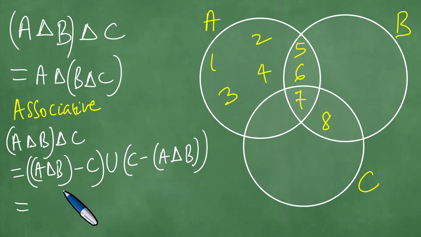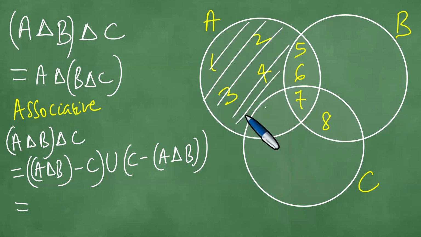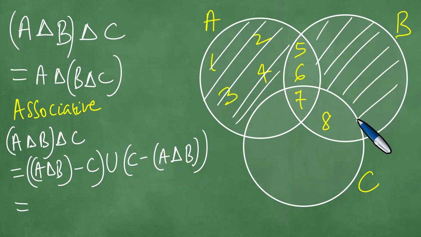Okay, first things first. Let's look at the symmetric difference of A and B. We've already seen that. And then we subtract C from it. But union C minus the symmetric difference of A and B. So if you take C and you remove the symmetric difference of A and B, then you're going to have exactly this section here.